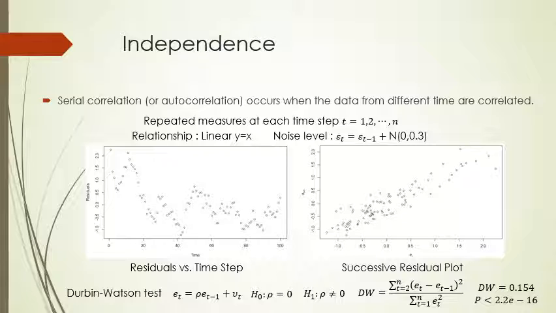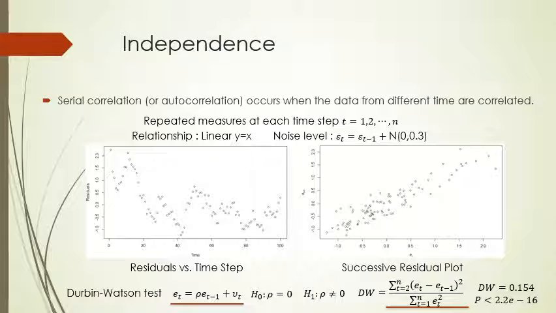In the Durbin-Watson test, the residual e_t is this. The null hypothesis is rho equals 0, and the alternative hypothesis is rho is not equal to 0. The test statistic dW is this, approximately normal for large sample size.